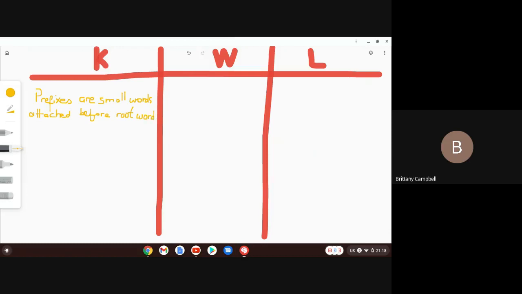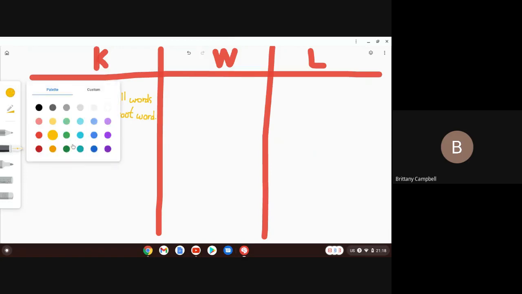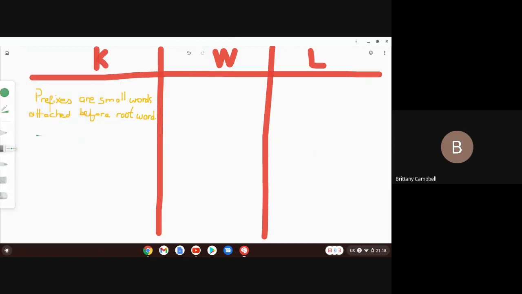Do we recall anything else? Do we know anything else? All right, so they change a word meaning. Awesome, awesome, awesome. So prefixes, right?